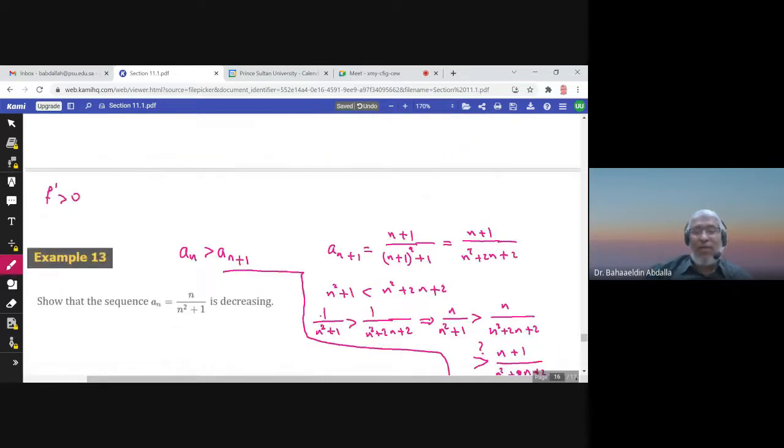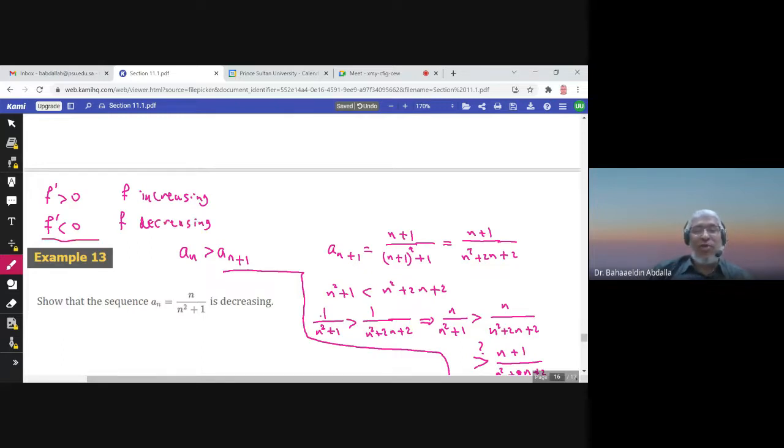If f prime is greater than 0, if the derivative is positive, then the function is increasing. And if f prime is less than 0, then the function is decreasing. Let me write it. F is increasing, and here f is decreasing. This is what we studied in calculus 1.